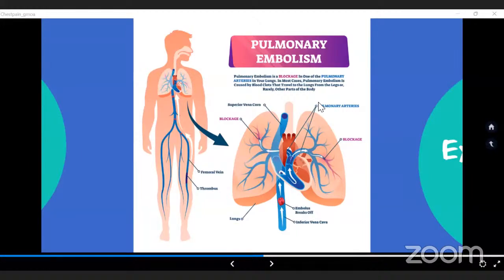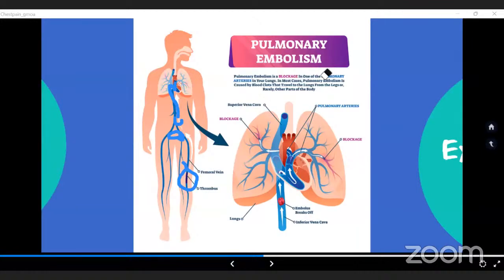So what happens is the patient has some kind of blood clot, maybe in the deep veins, in the pelvis, or in the IVC, which can migrate to the right heart and then into the right ventricle and the pulmonary artery, so that it can block the pulmonary artery and there will be a perfusion defect to the lung.